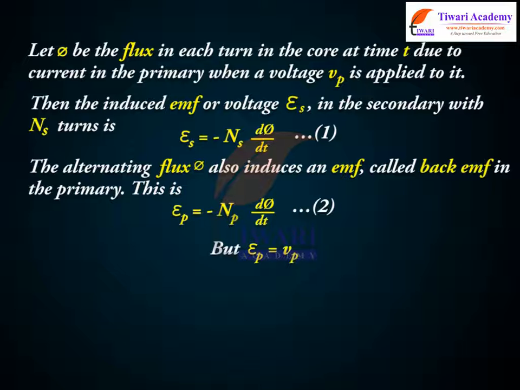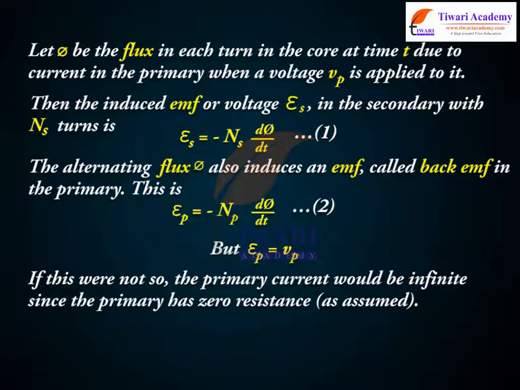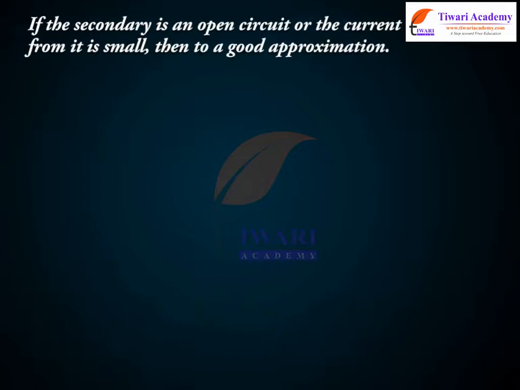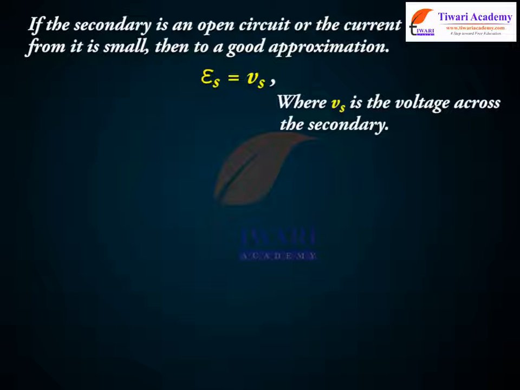But epsilon p is equal to Vp. If this were not so, the primary current would be infinite, since the primary has zero resistance as assumed. If the secondary is an open circuit or the current taken from it is small, then to a good approximation, epsilon s is equal to Vs, where Vs is the voltage across the secondary.